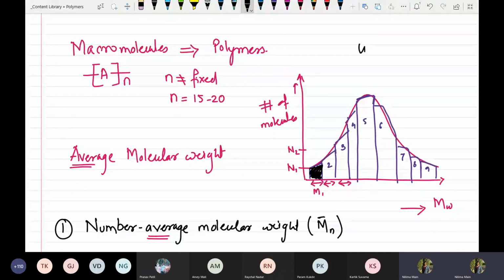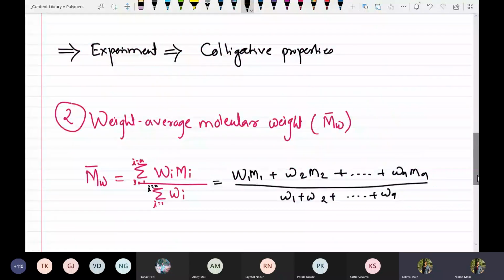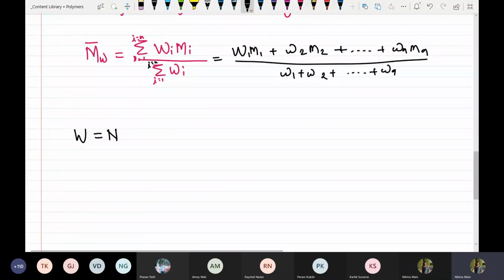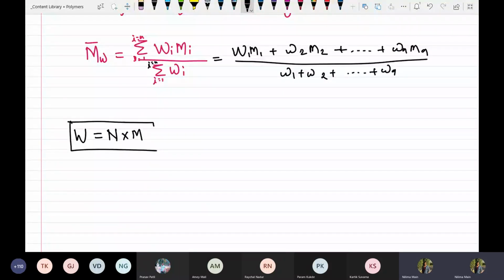So weight is nothing but number multiplied by molecular weight. Okay, number in moles, molecular weight in gram per mole. So you get nothing but weight in grams. So W के जगह पे you can substitute N into M.